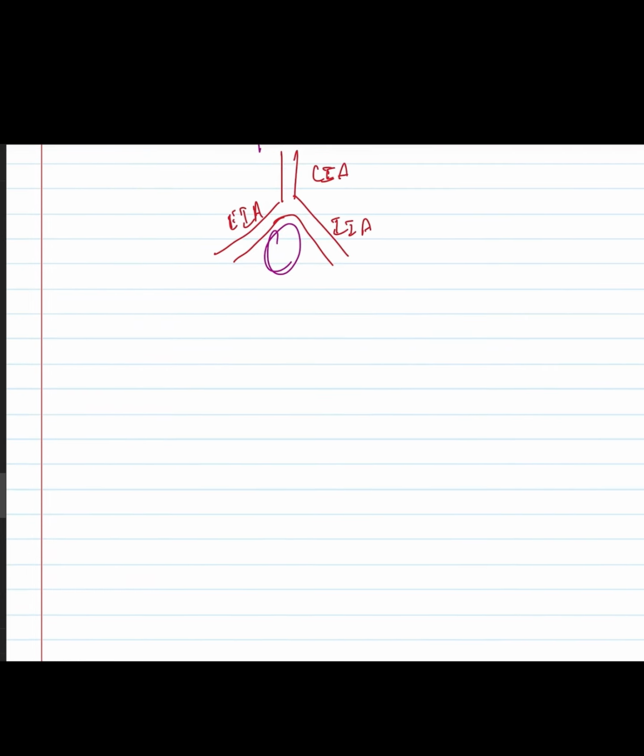The normal size of your ovary is 2.5 to 5 centimeters in length, 1.5 to 3 centimeters in width, and 0.6 to 1.5 centimeters in thickness.